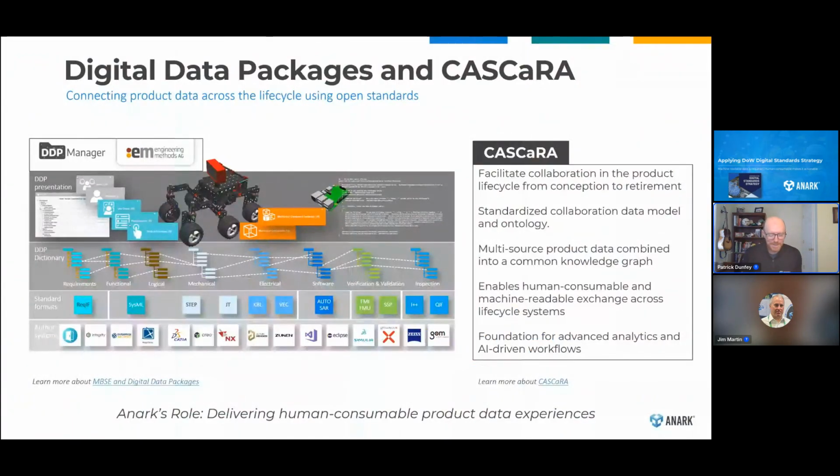So the thought that I have around that is this is really what this strategy document is all about. It's all about the path forward, while also admitting to the fact that if you look at all the dotted lines between the various authoritative sources on this slide on the left-hand side, we're not there yet, right? And so the way that models and SysML before that were machine readable, so that it could be derived and delivered as a human consumable or human readable format, it's screenshots or export to static file, right?